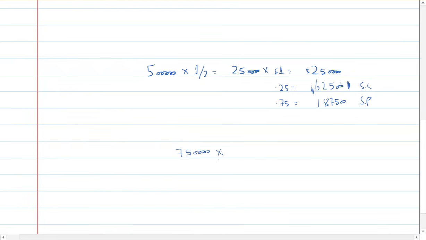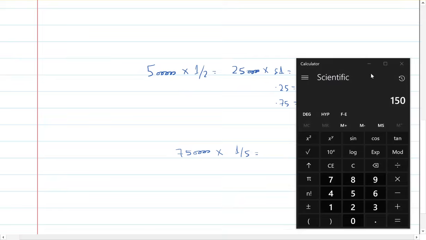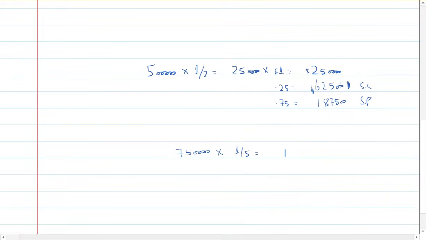So multiply by 1 divided by 5 will give us extra shares. 750 multiplied by 1 divided by 5, which is 150,000 new shares. So 150,000 new shares multiplied by 25 cents.